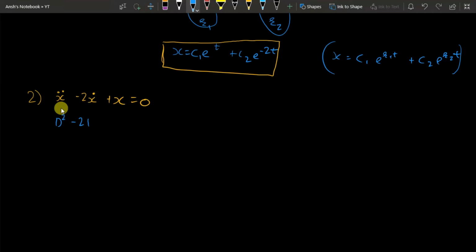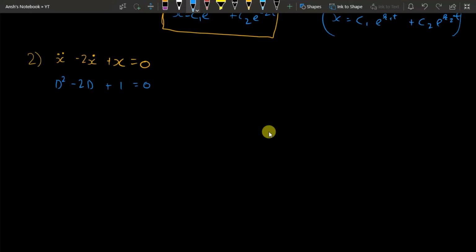The first derivative gets substituted with just d, and the no derivative term gets just a 1, and this will all be equal to 0. So let's solve this quadratic equation. This is a very straightforward quadratic equation whose solution can be condensed into the following form, and this will have a solution of d is equal to 1, and this is also our r.